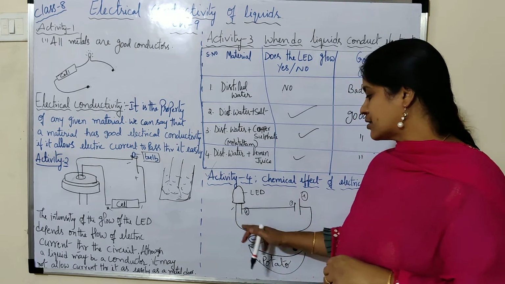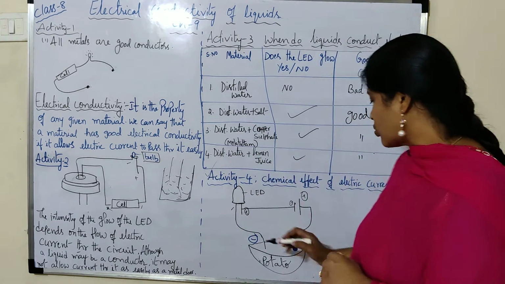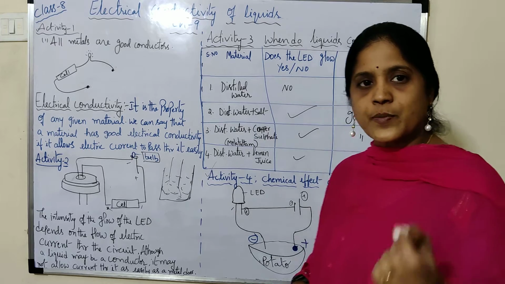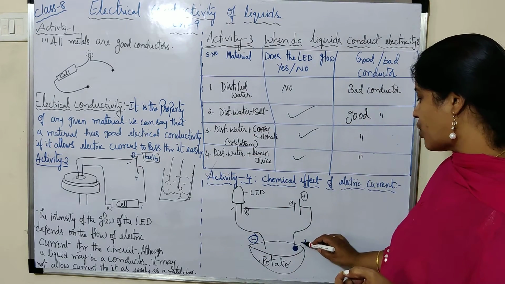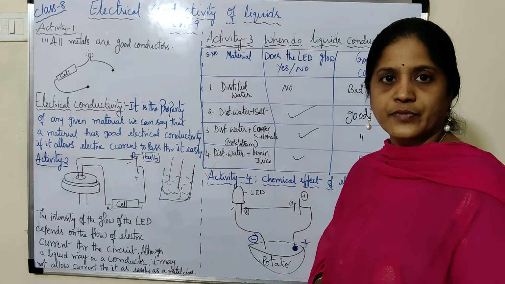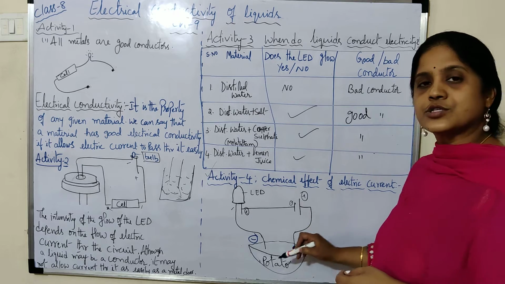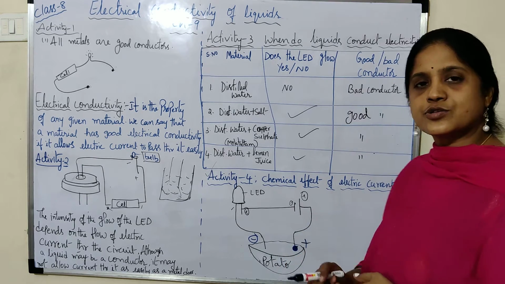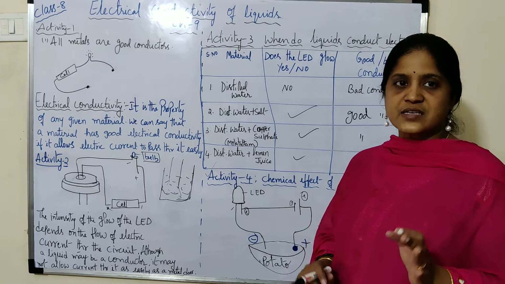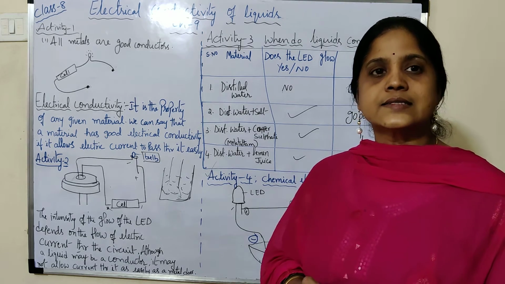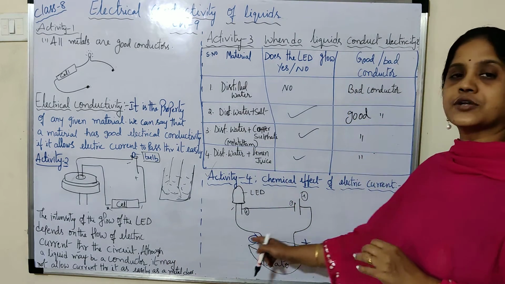You have to take copper wires here for conducting electricity. You can observe this green spot at the positive terminal. The current flows from the negative terminal to the positive terminal, and at the positive terminal you can observe a green spot. This spot indicates there is a chemical change in that potato.